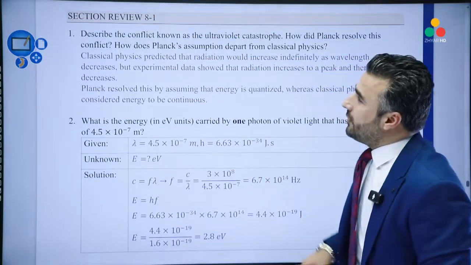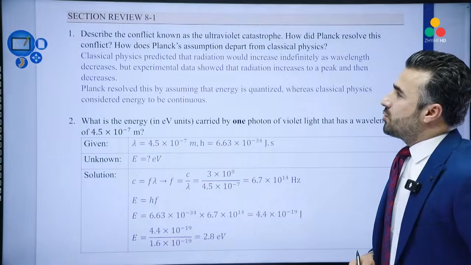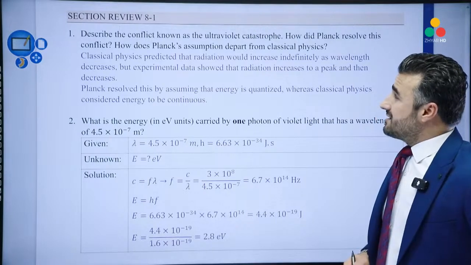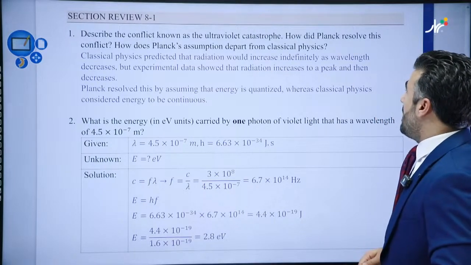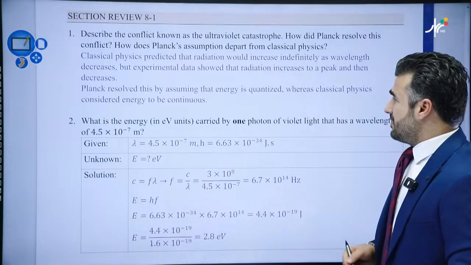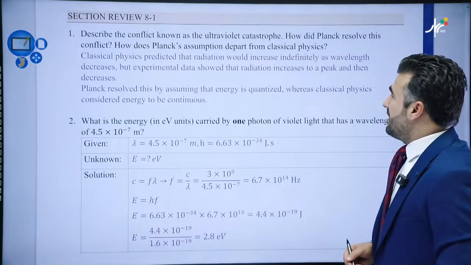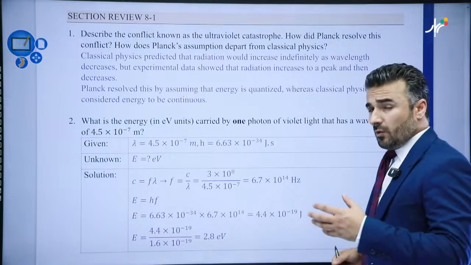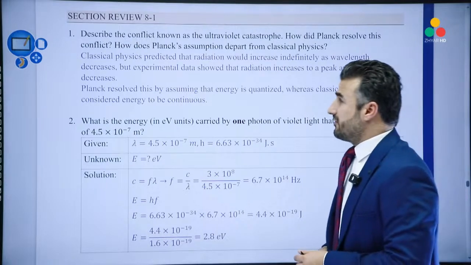Okay, now section review 8.1 says, describe the conflict known as the ultraviolet catastrophe and how did Planck resolve this conflict? How does Planck's assumption depart from classical physics? Remember the ultraviolet catastrophe, yeah?